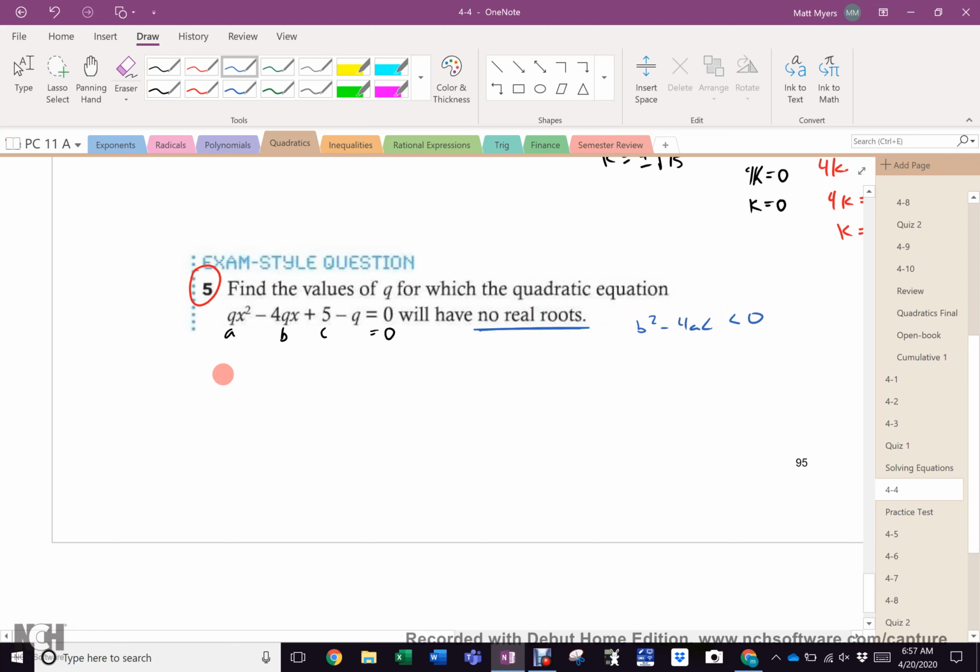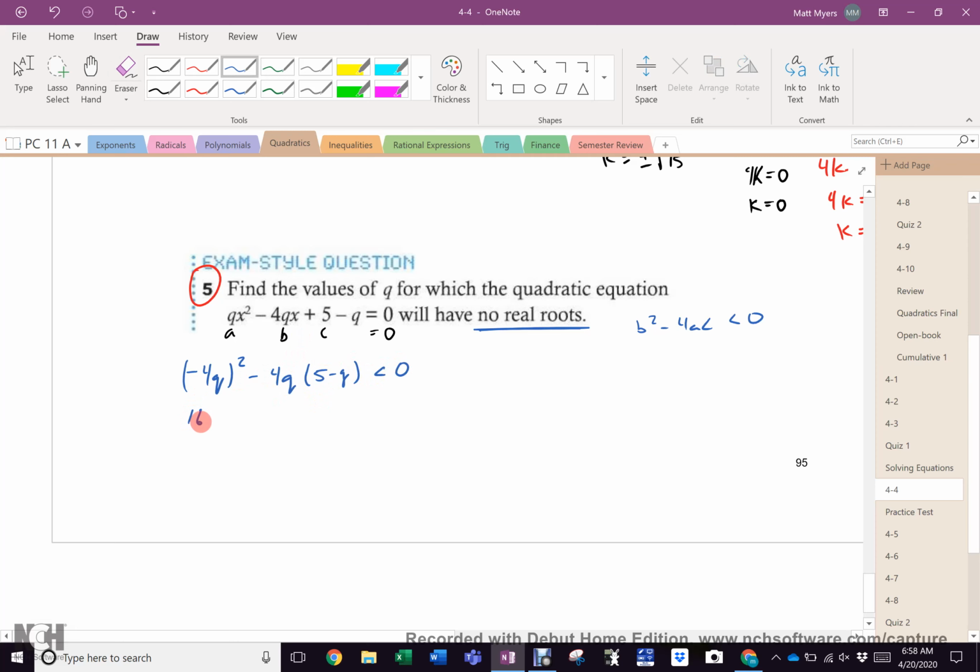So b squared is negative 4q squared minus 4 times a, which is q, and then c, which is 5 minus q. And I wrote a there, not q. And then we just do the work, and that has to be less than 0.